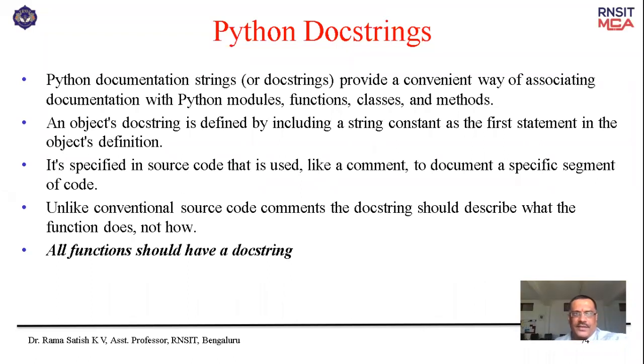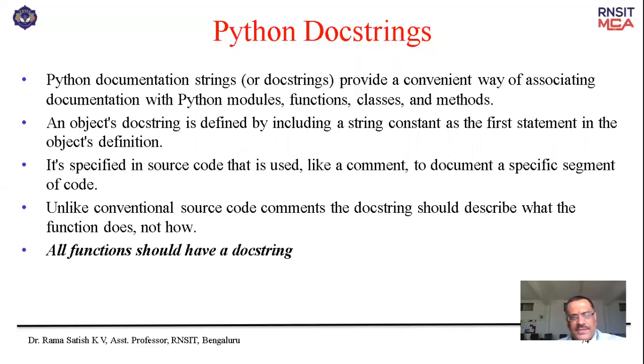Whenever you create a Python docstring, an object called docstring is defined by including the string constant as the first statement in the object's definition. That's why whenever you create a function, a module or a class, immediately after the definition statement, you write the document string. Automatically it will be recorded in a built-in object.